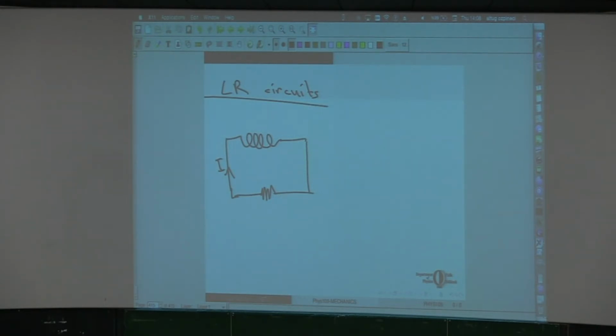Well, let's just use Kirchhoff's rules. We interpreted Kirchhoff's rules in the form that as you go around the circuit, the potential difference should be 0. But we can also reinterpret it: if we take a test charge and go around the circuit, the total work done on this test charge should be 0, because when we go back to our initial point, it has the same potential energy and the same kinetic energy.